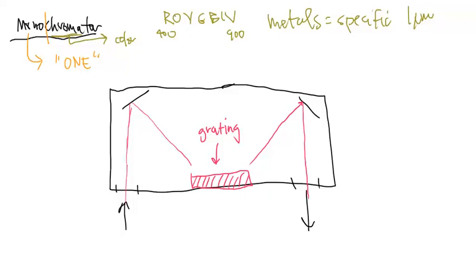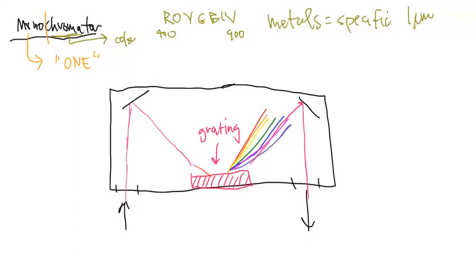So what happens is that the light hits the grating and the grating will separate the light into red, orange, yellow, green, blue, indigo, and violet.